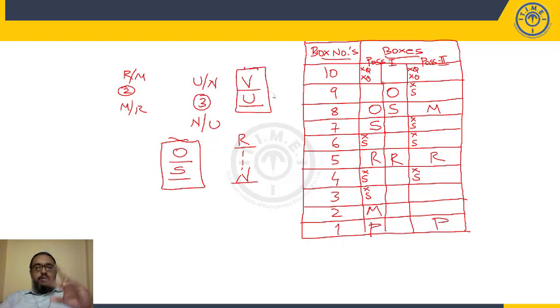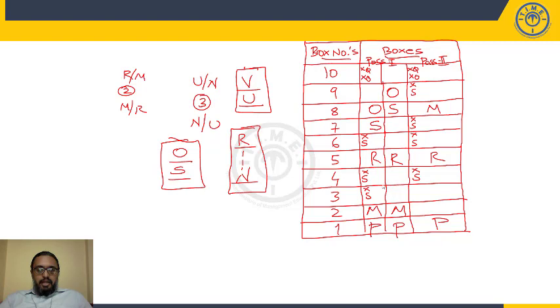Because V and U are also two successive positions. Now V and U can come in the 10th or the 9th. V or U can come in 4th or the 3rd. So first let us place V and U. One other condition is N should be below R. So let us do that first. So N to be below R.